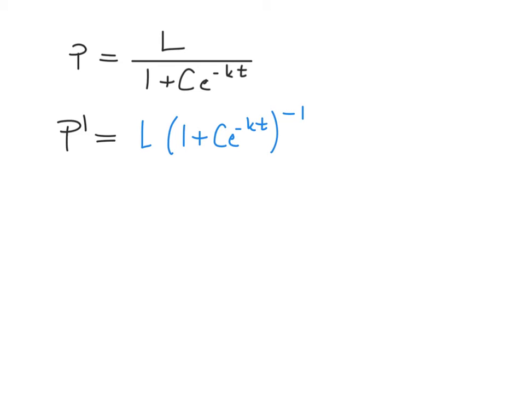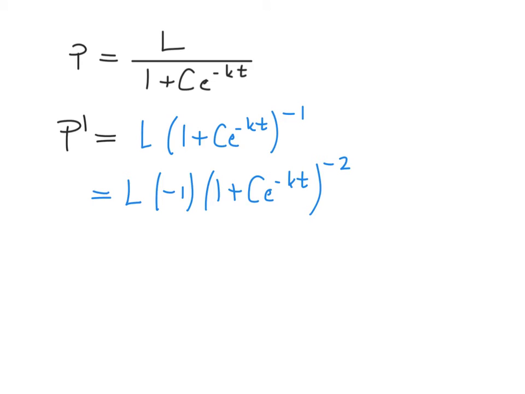Okay. And now we can apply the chain rule. The constant multiple just stays, so we have L times, now we have minus 1 by the power rule, (1 plus c e to the minus kt) to the minus 2.